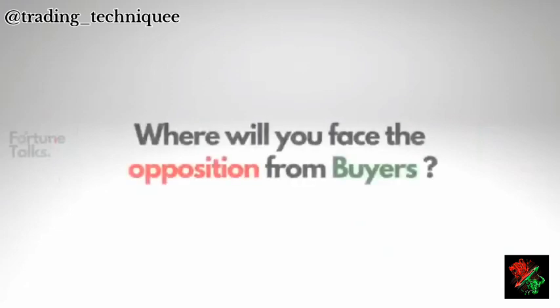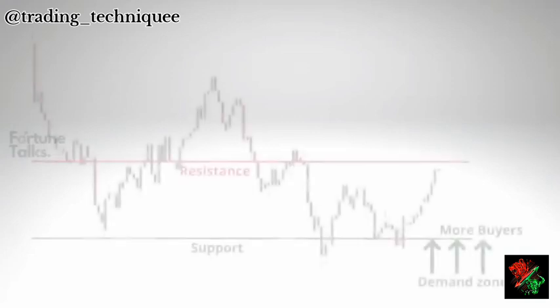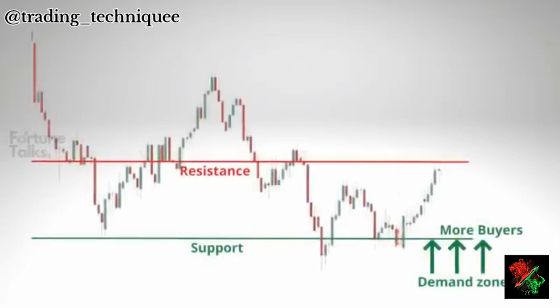Now also think about the fact that where exactly will you face an opposing pressure, or simply where do you think will the buyers come in so that they could buy at good prices. So if you think about a good price that the buyers would come in, and if you look at the chart, the chances are that buyers would always love to buy at an area of support.